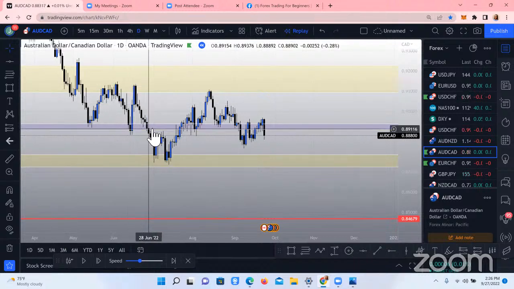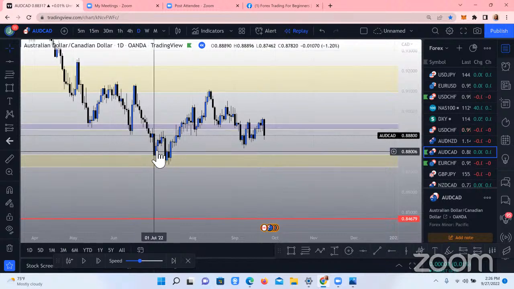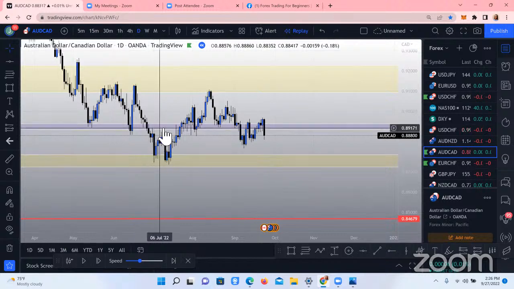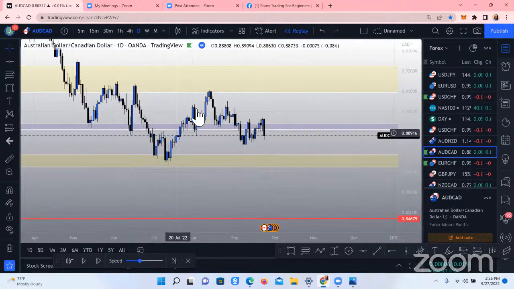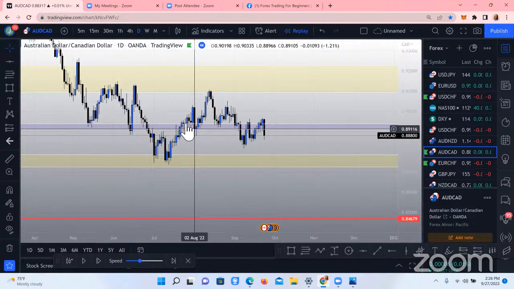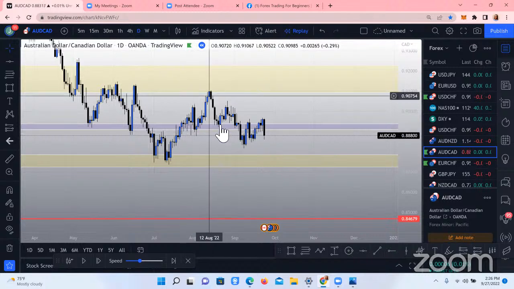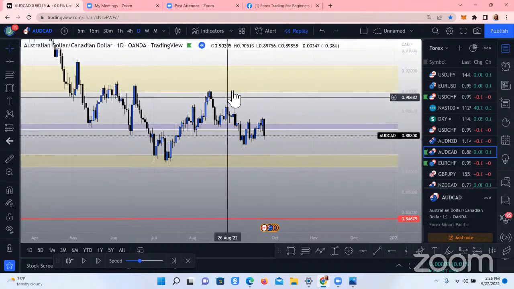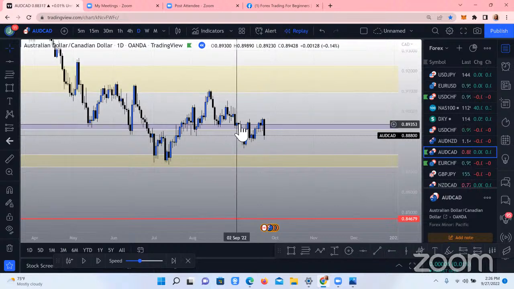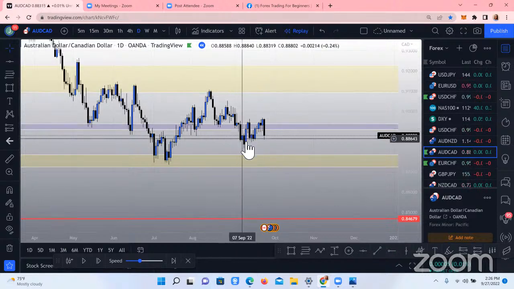Price dropped, hit this line, bounced back up here, then bounced back up here, and went above. We could have taken this break, pulled back to this resistance and broke above it. Then it came back down, tried to go back up and touch this resistance, came back down from the support again and dropped below it.